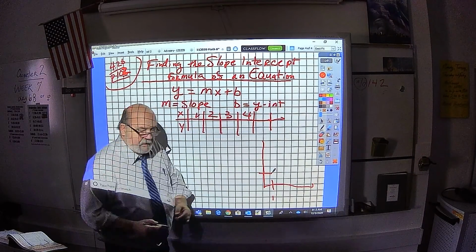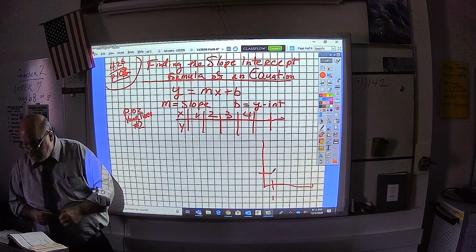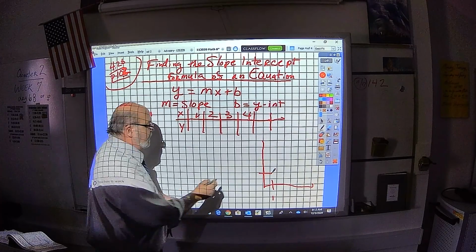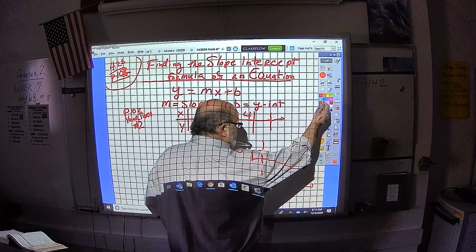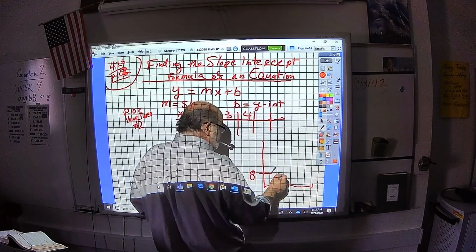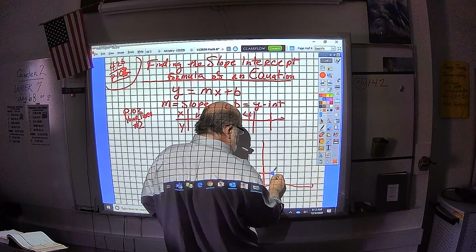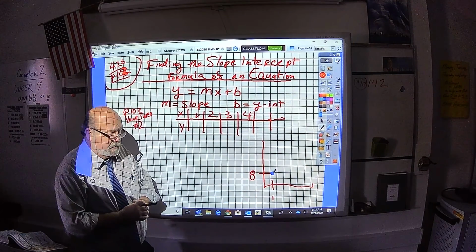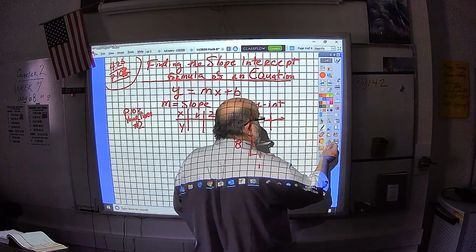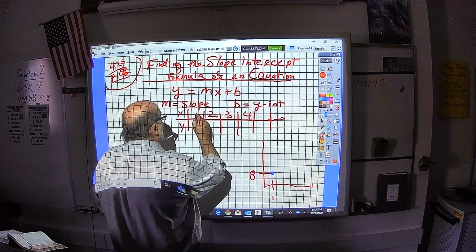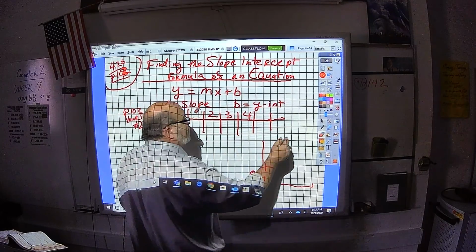At x equals 1, we're going to look at this graph and find y is equal to 8. So this point exists. That's all we're saying.